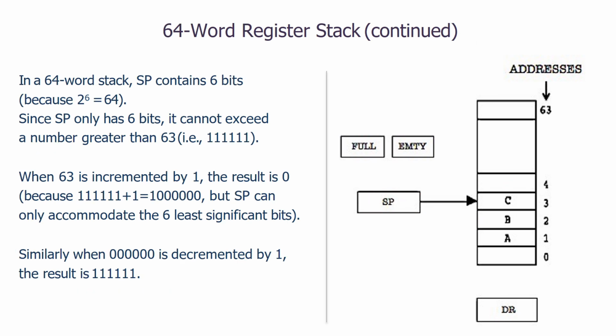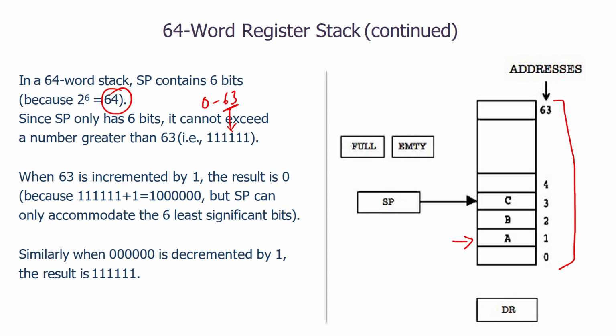So the first element is stored at location 1, and when I want to check how many values are there in the stack, there are total 64 locations, so there can be maximum of 64 values. So 0 to 63 means it has 64 locations, and the maximum value is 63, so it can be represented by 6 ones. When 63 is incremented by 1, then it will become 0. Why?